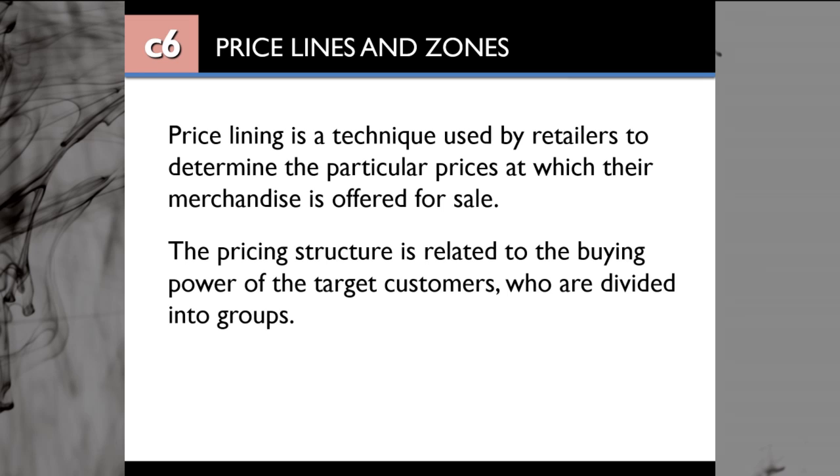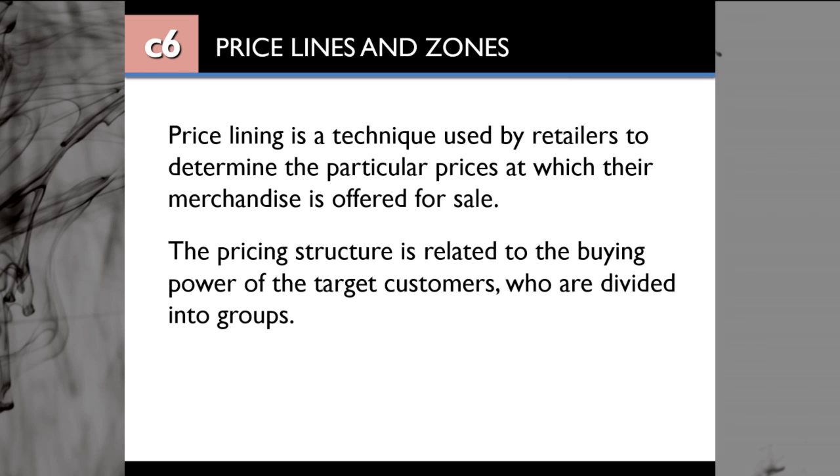And now let's talk about price lines and zones. Price lining is a technique used by retailers to determine the particular prices at which their merchandise is offered for sale. If you go to a certain store, you may see some similar prices that the retailer has. That's going to be the price lining for that retailer.